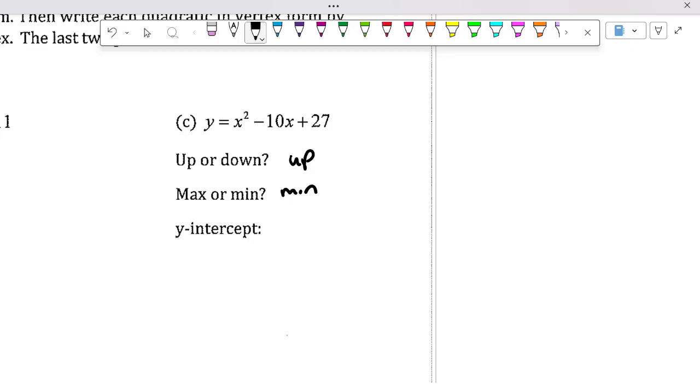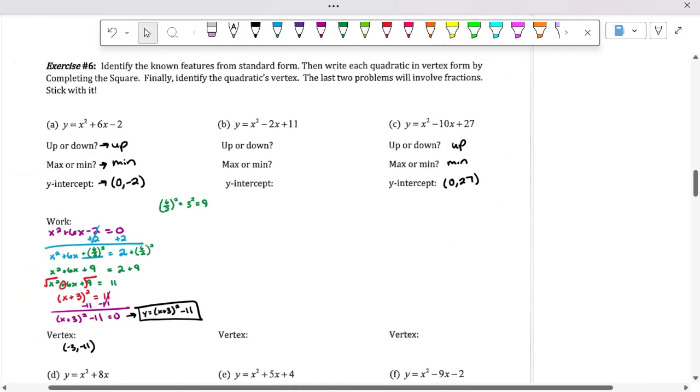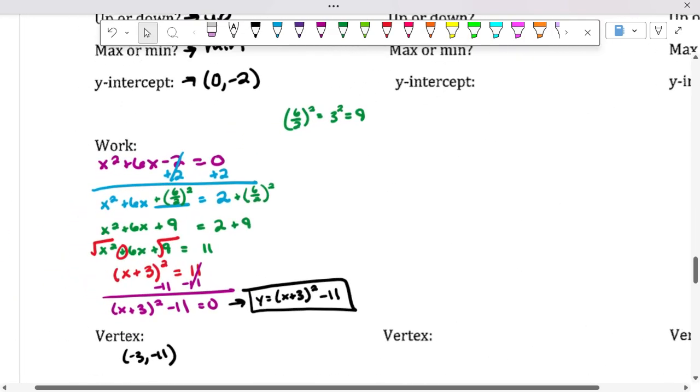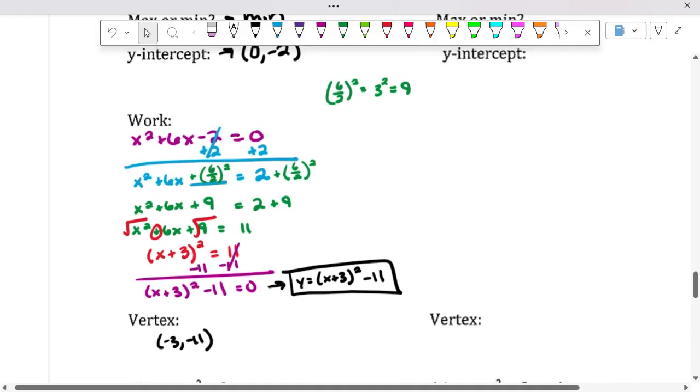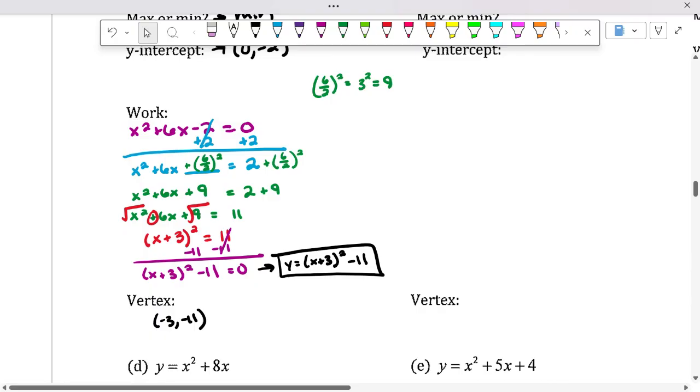What's the y-intercept? 27. All right. Now, complete the square. So I'm going to leave this up for y'all's reference. I'll give you a minute. Complete that square for letter C.